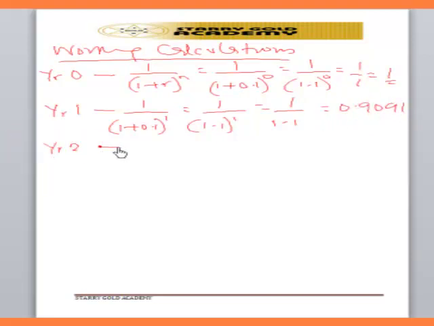Then for year 2, we have 1 over 1.1 raised to the power 2, which is 1.21. So we now have 1 divided by 1.21.